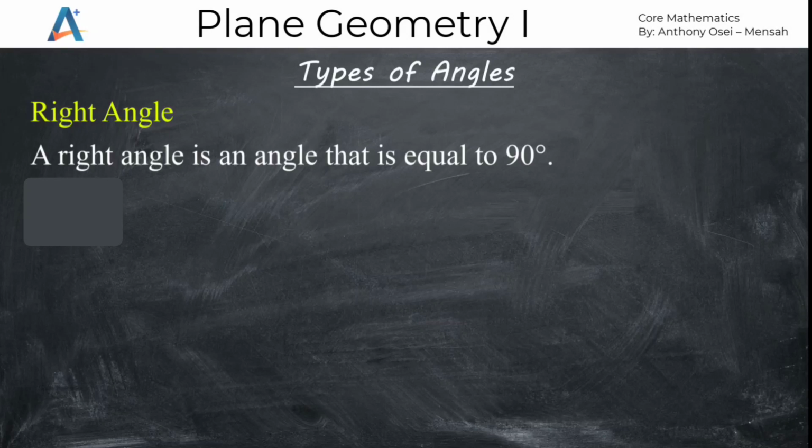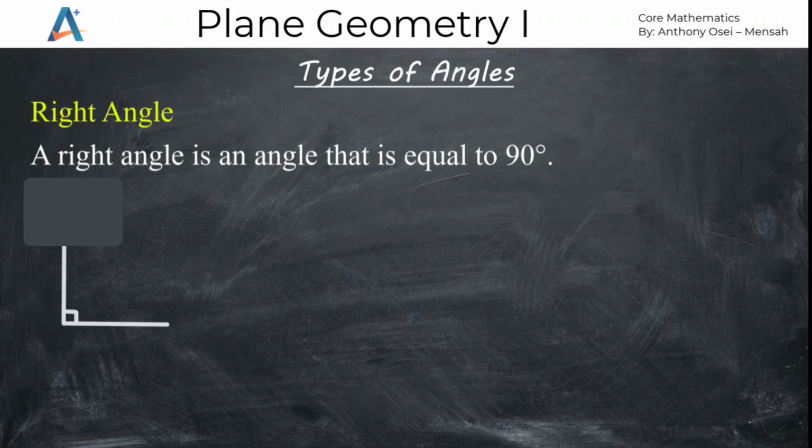So usually the right angles are drawn to represent 90 degrees. They put a symbol like this, and this is what we call the perpendicular symbol or the 90 degree symbol. So right angles are popularly referred to as 90 degrees angles. That means all right angles measure equal to 90 degrees.